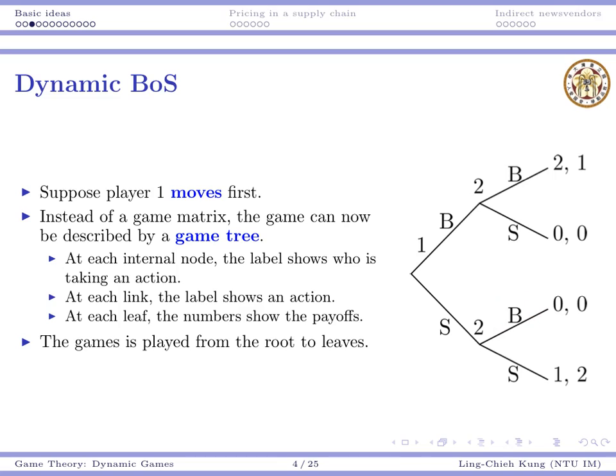Previously they made decisions together, now they make decisions one by one, or they take turns. The game will be played in general from the root to the leaves. We will start from the root, which means the first player is going to make the first decision, and then move towards a leaf to see what the outcome will be.